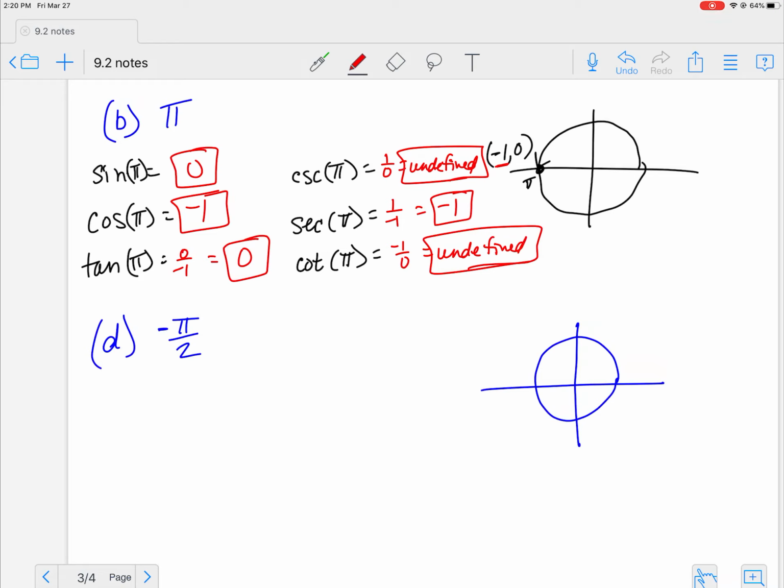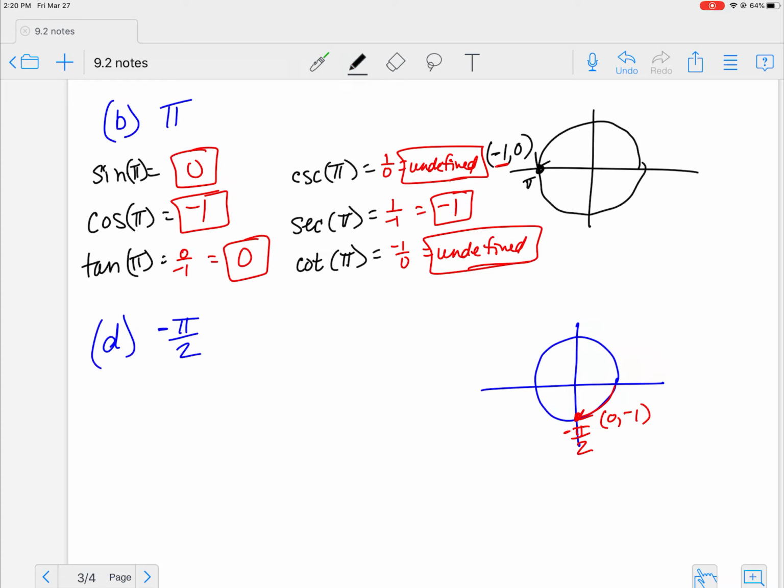Pi over 2 is equivalent to 90 degrees, right? That means I'm coming down this direction to be negative pi over 2. Again with the unit circle, this coordinate point right here is going to be 0, -1.